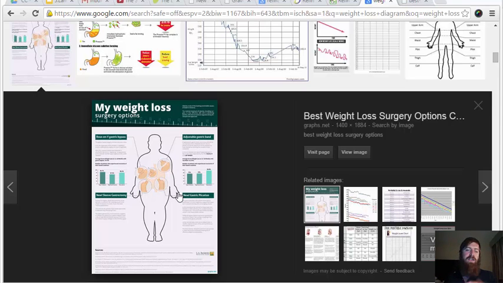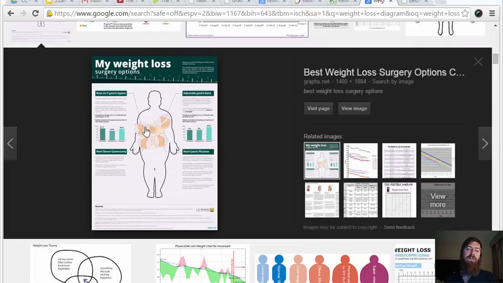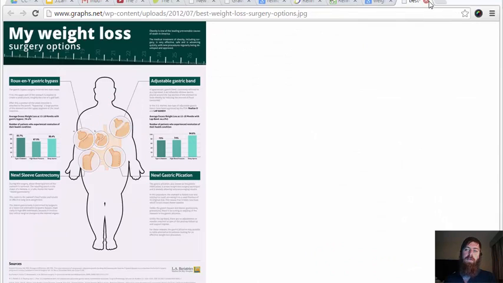You don't even really need to read the text on the picture. What the brain does is assume, oh, this looks like something I've seen in a science textbook. They've probably done their research. They don't even have to read this stuff to think they know you've done your research, so that's really important.